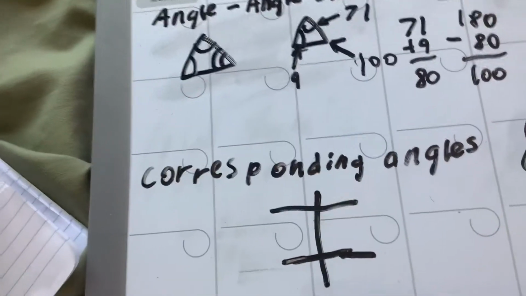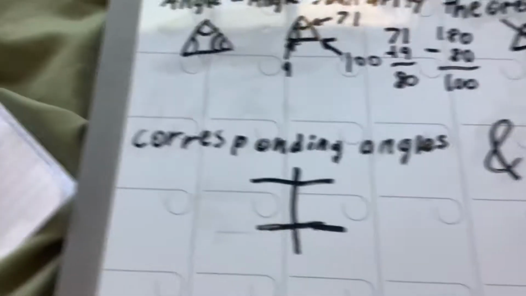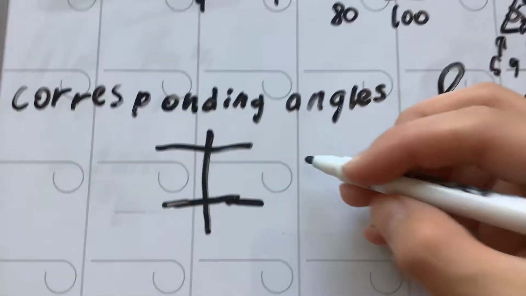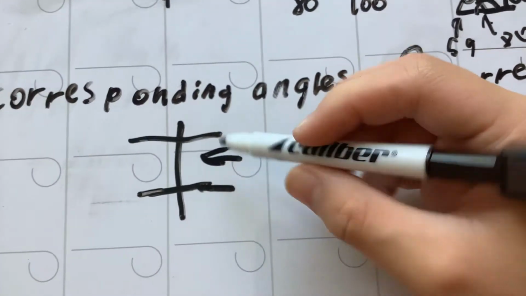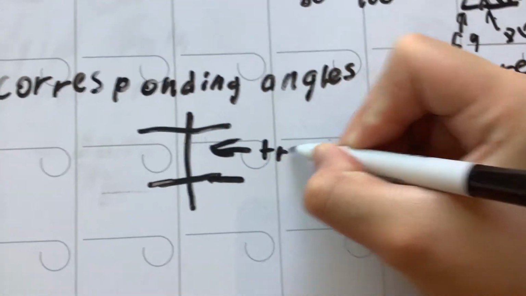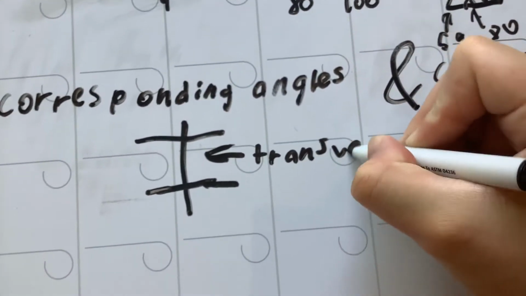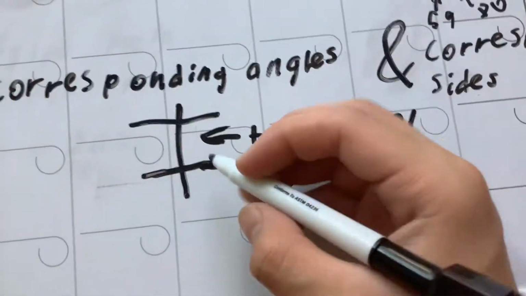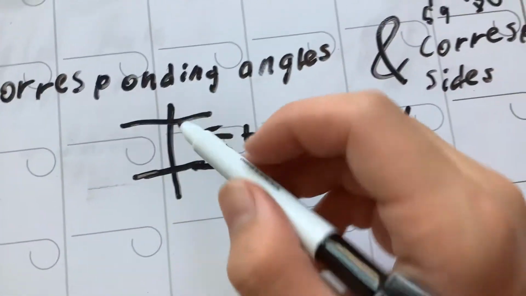There are transversals. So this thing in the middle is a transversal line. I mean, it's called a transversal in short. So these two are parallel lines.